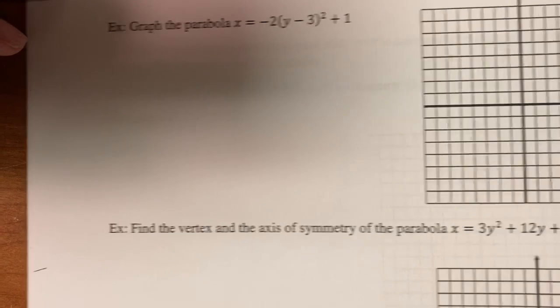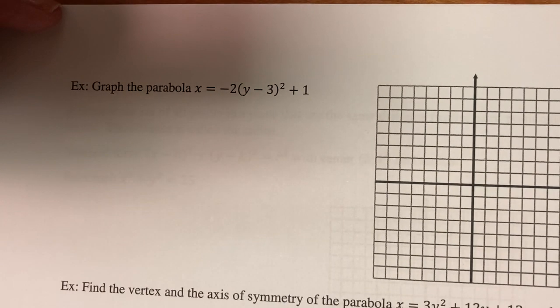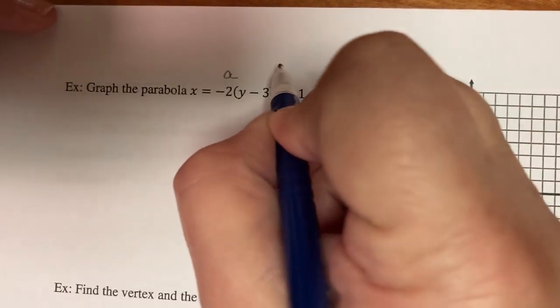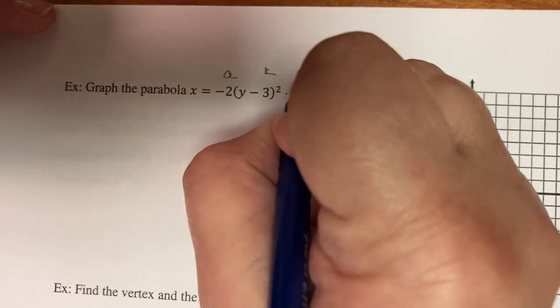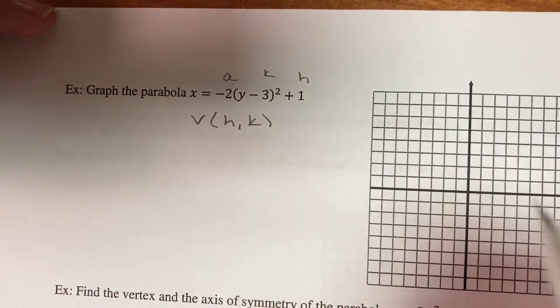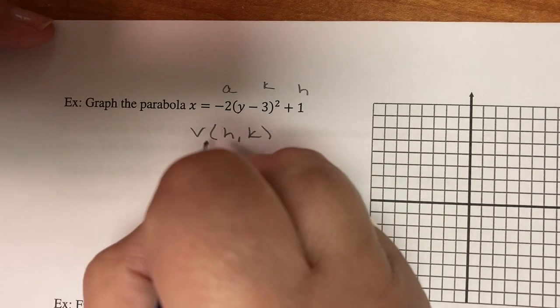So here we go. We're going to first start off with working with a parabola that's in that form. So look, now remember, this is your A, this is your K, and this is your H. Your vertex is still H comma K. It's just that don't forget your K and your H have flipped places.